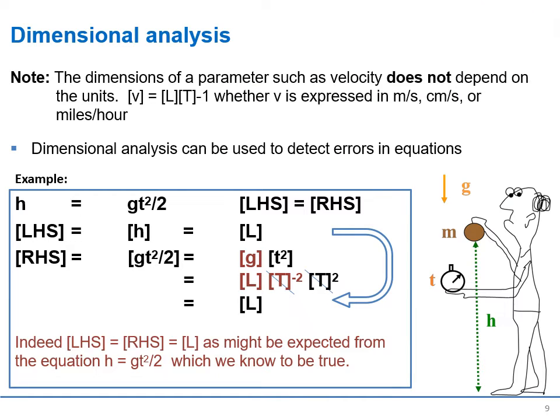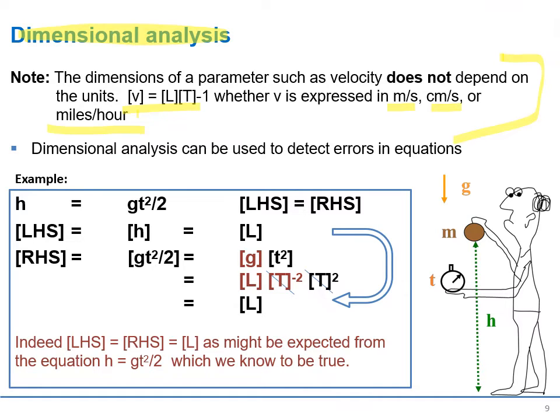In dimensional analysis, the dimensions of a parameter such as velocity do not depend on the units. V is L over T. V can be expressed in meter per second, centimeter per second, or miles per hour.